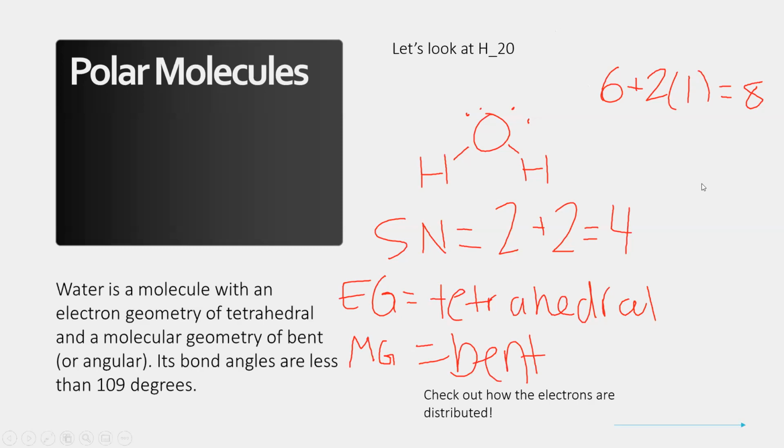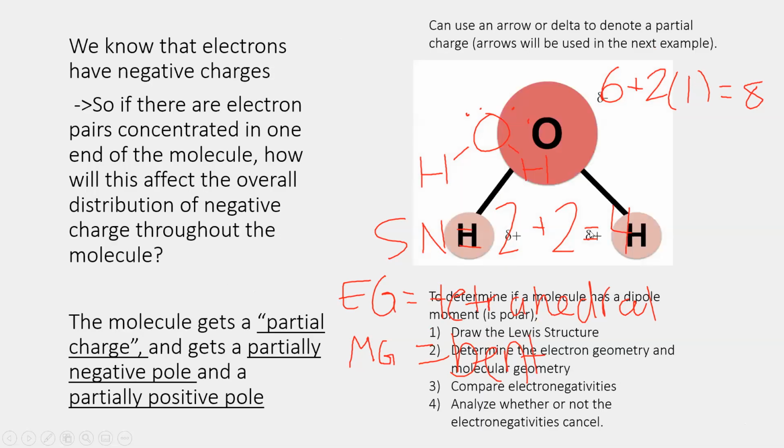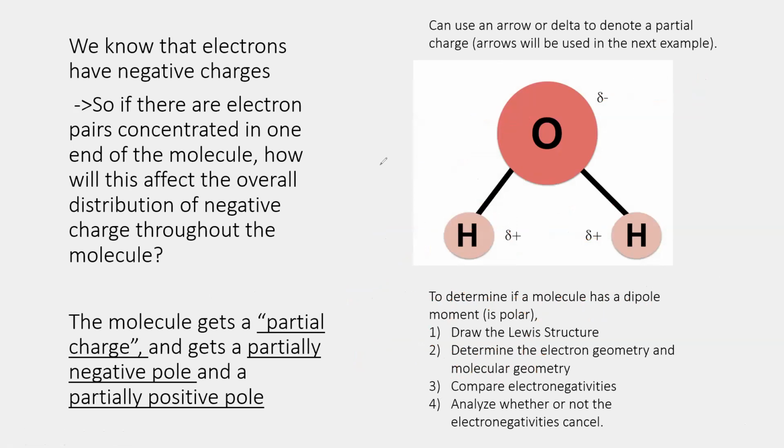So this is a really interesting molecule here. So let's look at how the electrons are distributed in this. We know that electrons have negative charges. And so if there are electron pairs, I'll just draw them here, as was on our Lewis dot structure. We know that electrons are negatively charged.